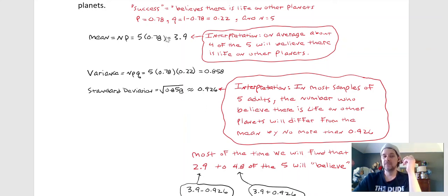So the mean tells you on average where the data is, where it's going to be clustered around, and the standard deviation tells you how far apart. Most data is going to be within 1 standard deviation of the mean.